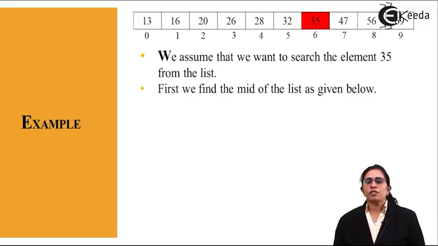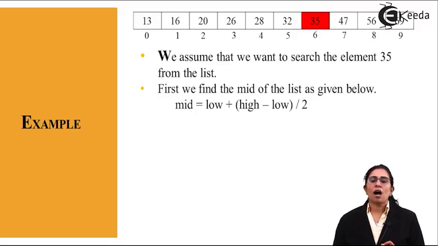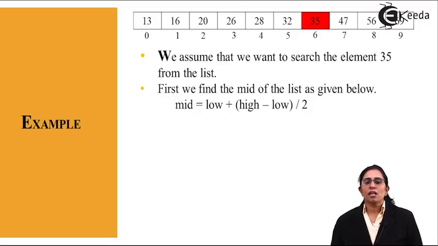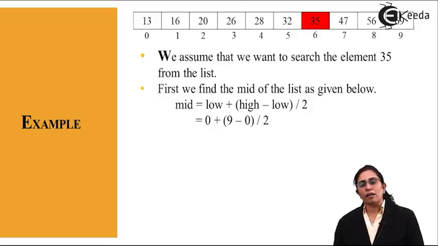So we first find the middle of the list as given below. The formula for the middle is mid is equal to low plus (high minus low) by 2. Here we see that low is 0, high is 9.